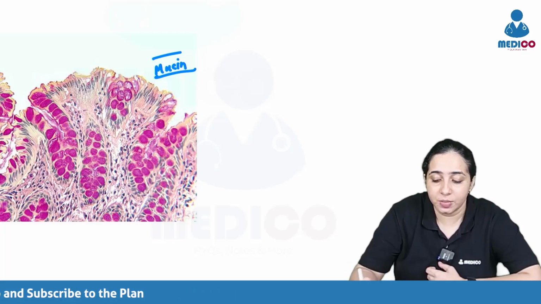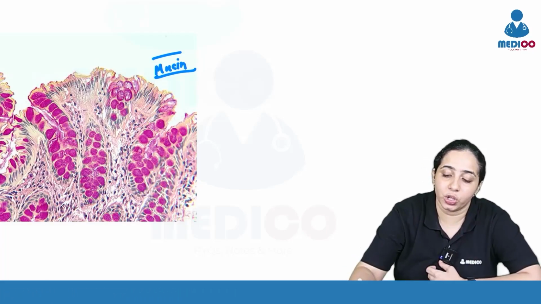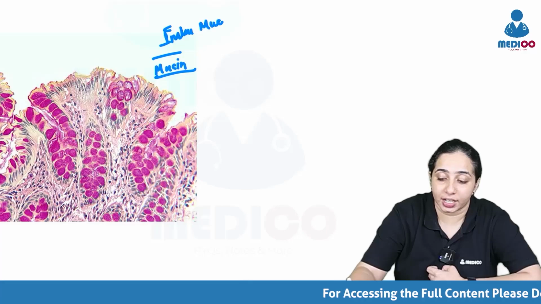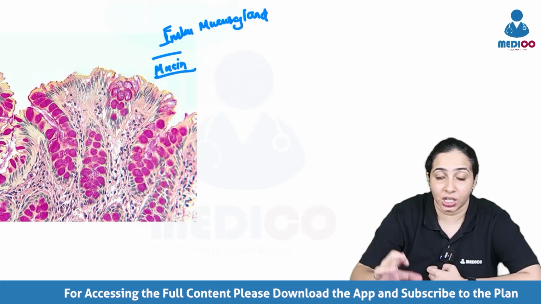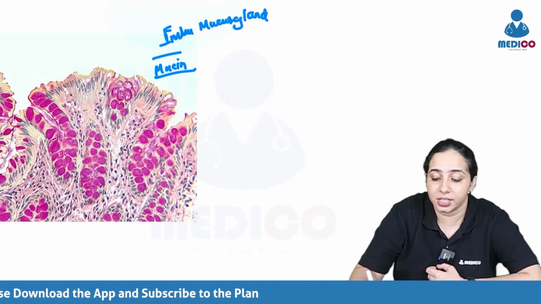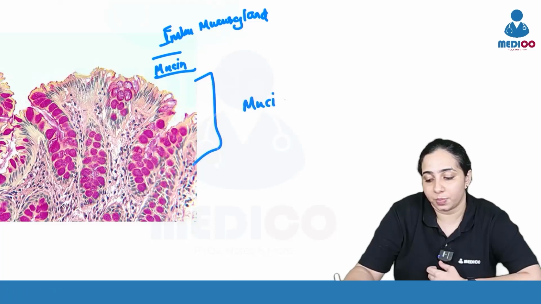I'm saying it is mucin because this is an epithelium, and in epithelium, you know, you have your intestinal epithelium which has a lot of mucus glands. So this epithelium reminds me of such mucus glands. So I can say it is mucin that has taken stain, and this stain is your mucicarmine. Okay.